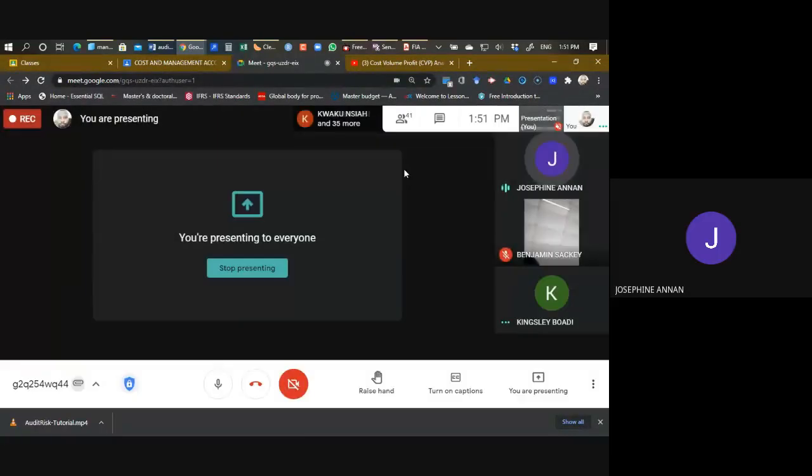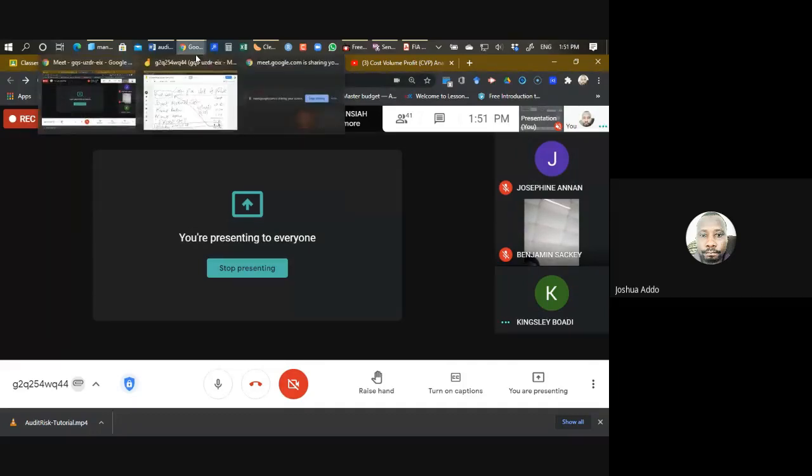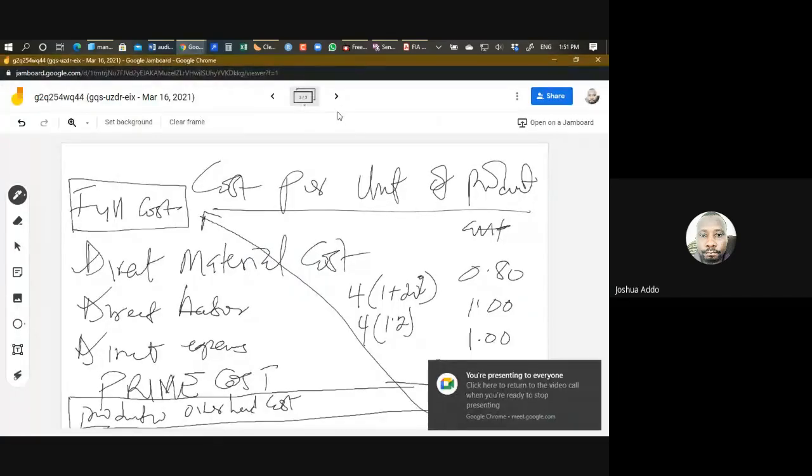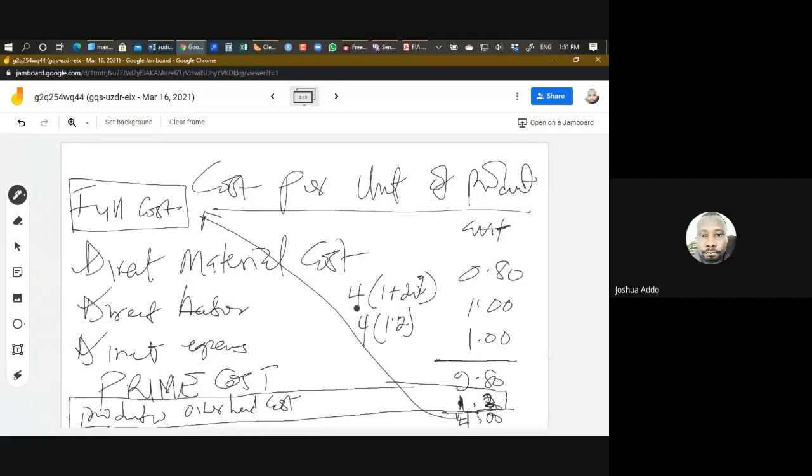4.8. Yes. Okay. So it means that if the product costs 4 cedis to produce, and we expect a profit margin of 20%, it gives us 4.8, then we need to sell the product at 4 cedis, 80 pesos.